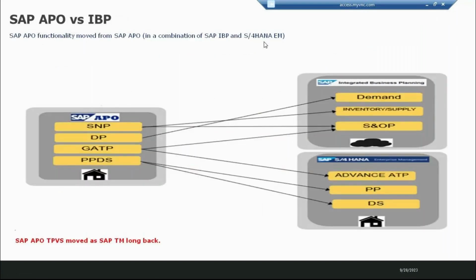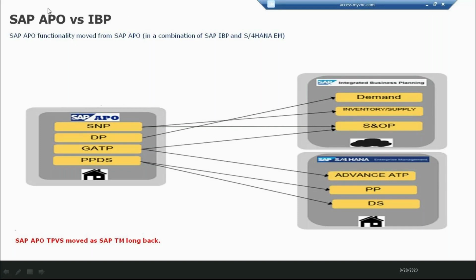After this slide I will give a break, then you can ask questions. Here I'm saying that this is a new module in the SAP supply chain. Before that, we had an SAP SCM product called APO, Advanced Planning and Optimization.